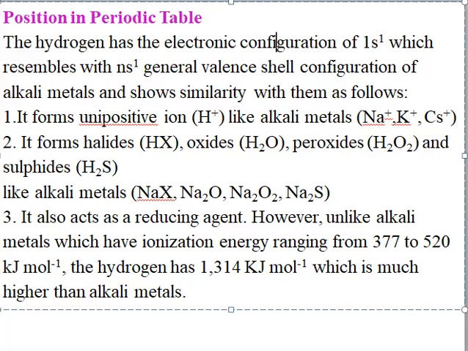It forms halides, oxides, peroxides, the same as the alkali metals. Hydrogen combines with any halogen to form a hydrogen halide. If it combines with chlorine, it forms hydrogen chloride, the same as, for example, sodium forming sodium chloride.